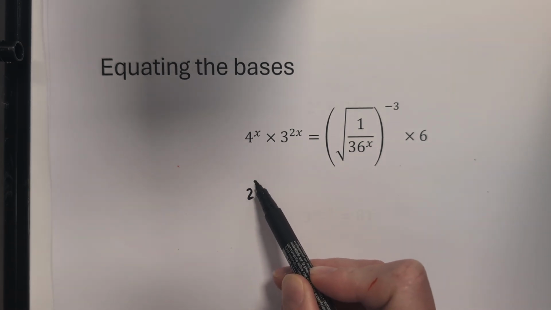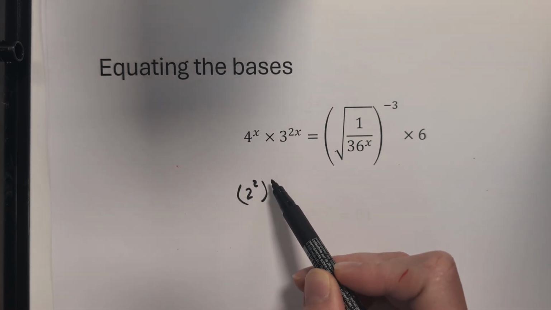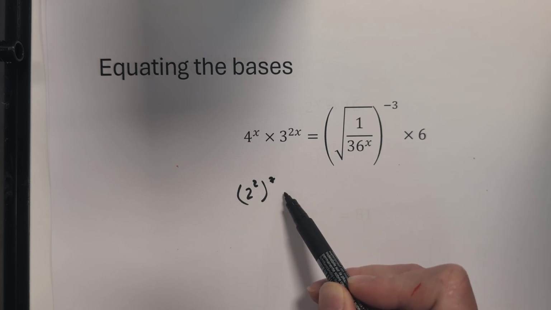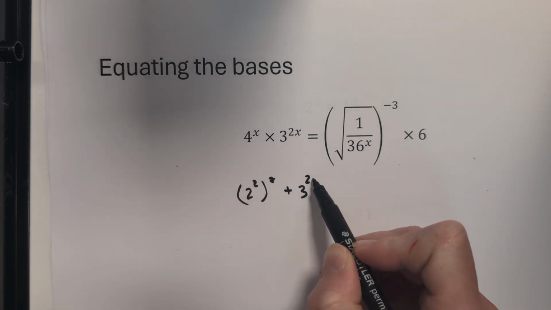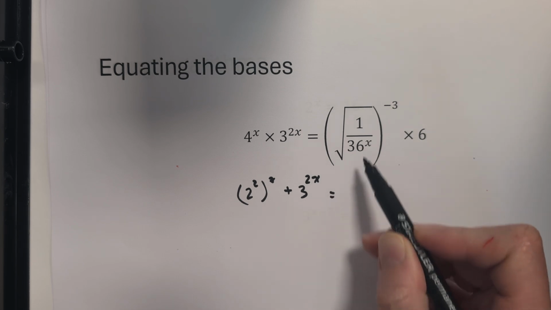This is 2 squared to the x. It's not a great x. I'll fix it in the next one. This is going to stay the same because I'm working to 2s and 3s.